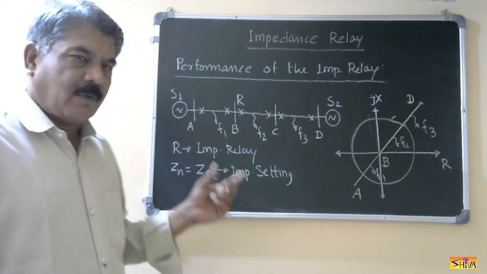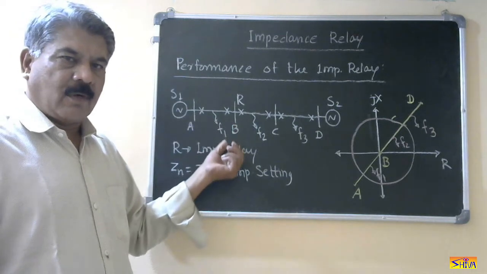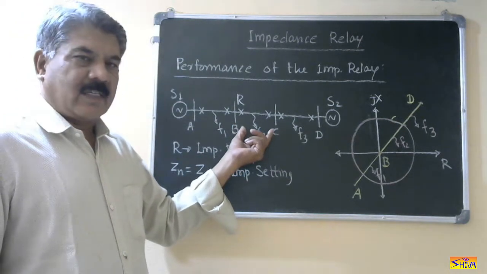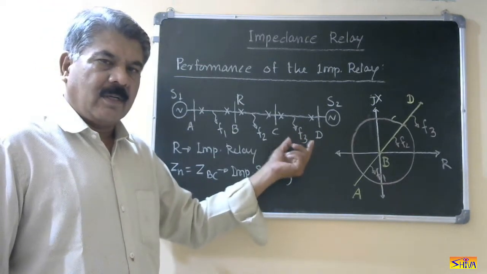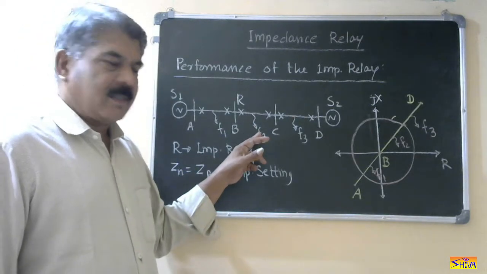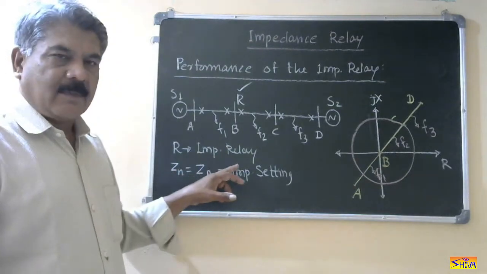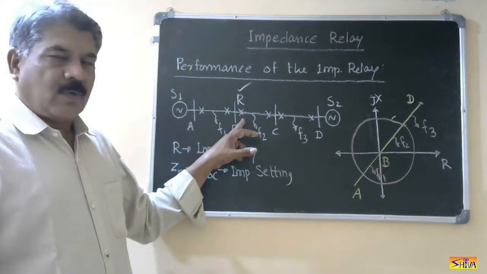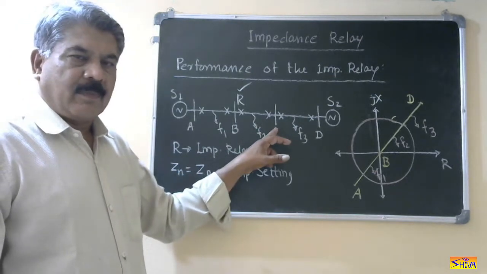I will consider fault in all the sections. In the first section, I will denote the fault as F1. Second section, fault F2. Third section, fault F3. And I will check the performance of the relay R. R is an impedance relay, and as you can see here, this relay is used to protect line section BC.